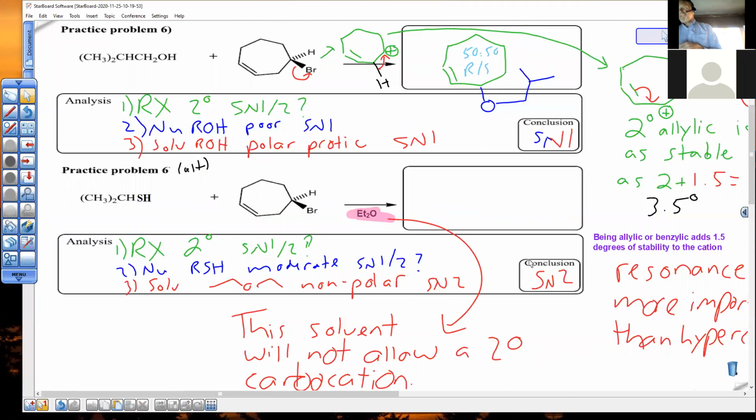Moving on. SN2 reaction. What's going to happen to your stereocenter? Don't write 50-50 R and S. There's a backside attack in an SN2 reaction. So we've got this. There's no rearrangement.